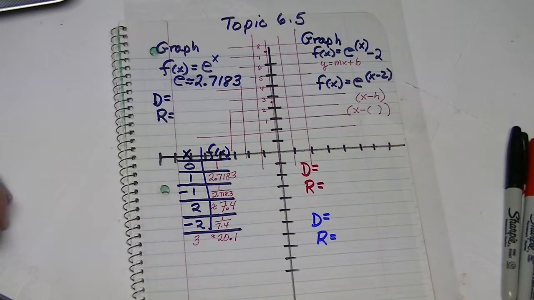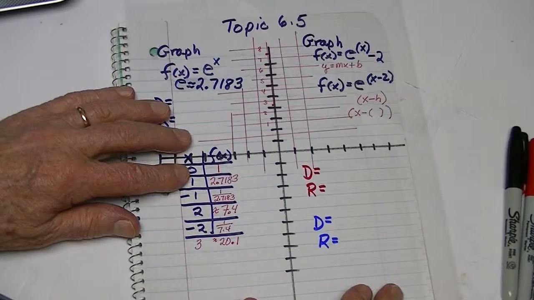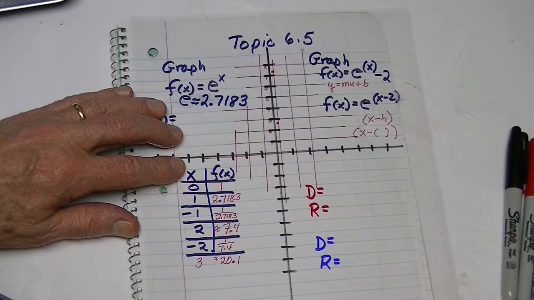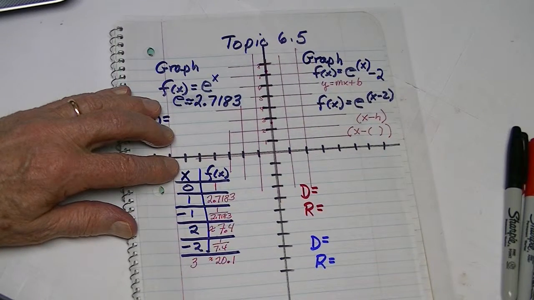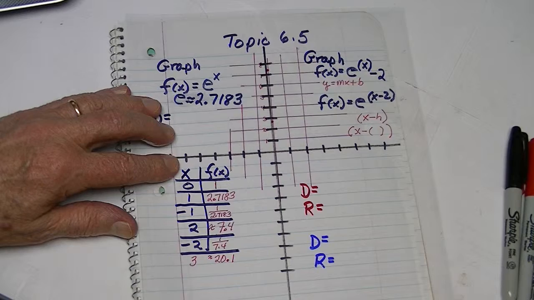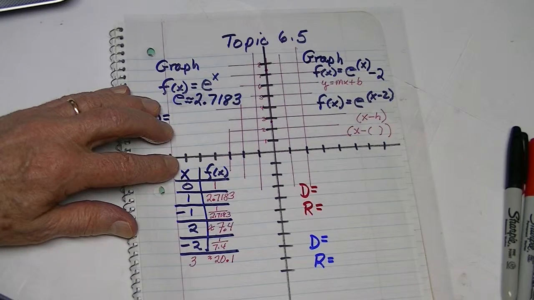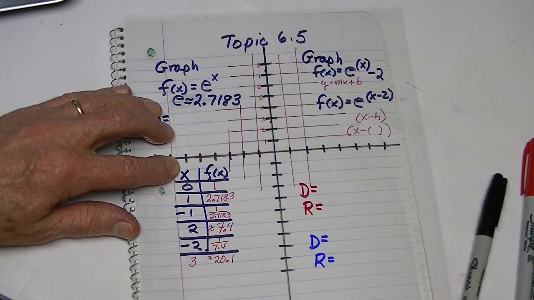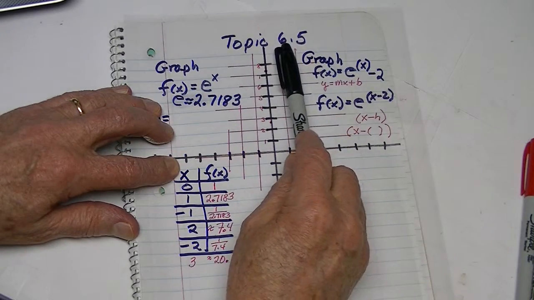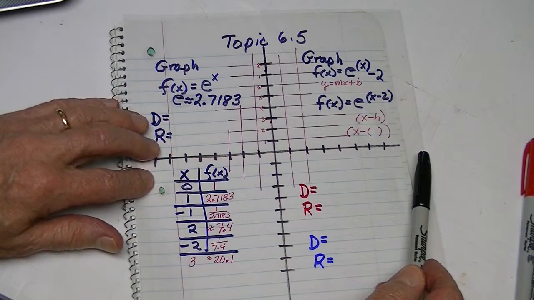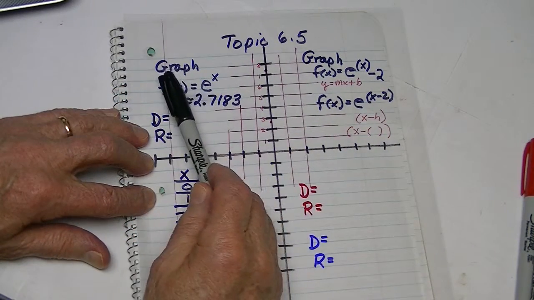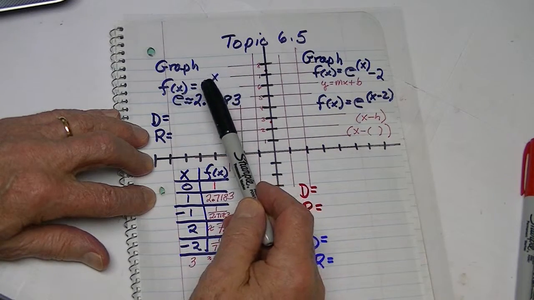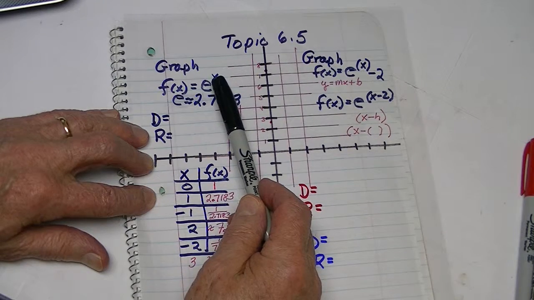Okay, what we're going to do now is take a look at something we were working on in topic 6.5, and that was to graph the function e to the x power.